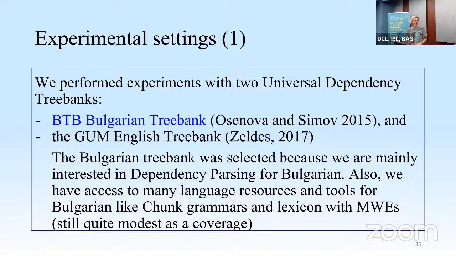Okay, so we selected our tree bank because we wanted to do some experiments on Bulgarian, of course. And we could use our chunk grammars and also some preliminary multi-word expression information. And as I said, it is basically the information that we have in the tree bank, and it is basically fixed multi-word expressions.